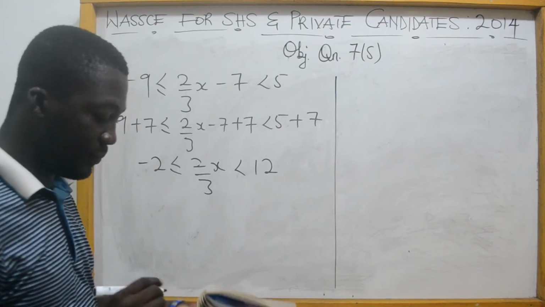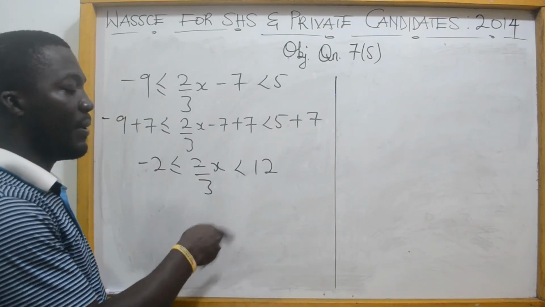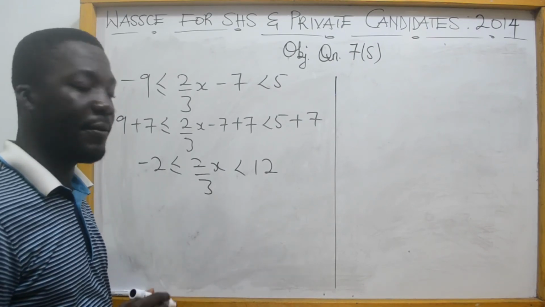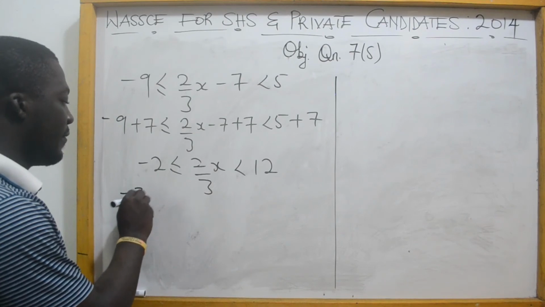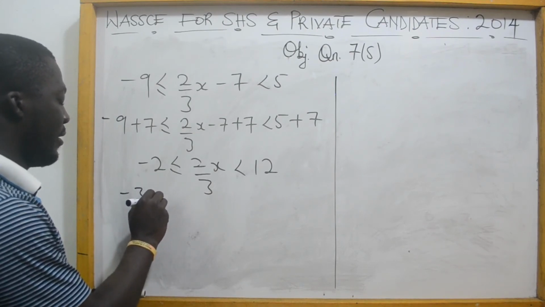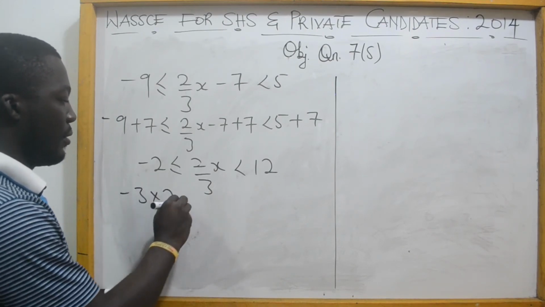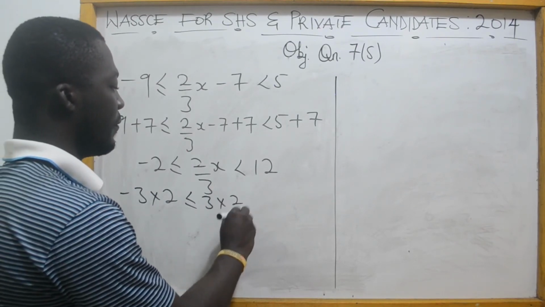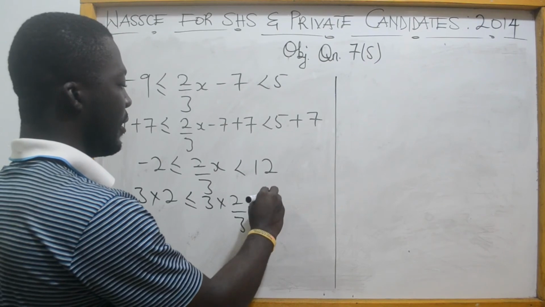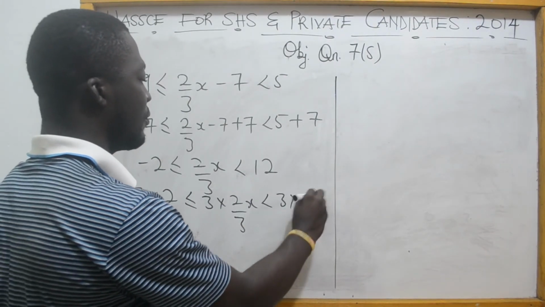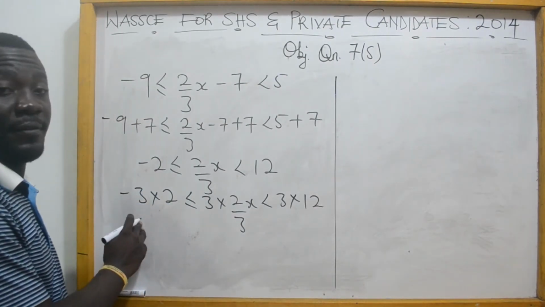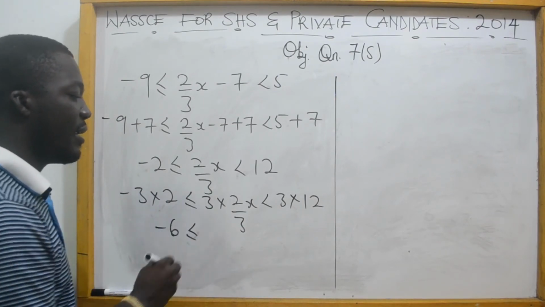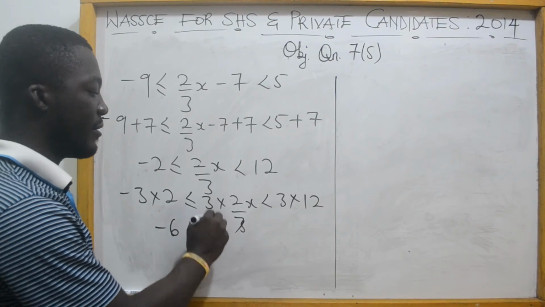And the next thing, we multiply the sides by 3. So -2 times 3 ≤ 3 times (2/3)x < 3 times 12. -3 times 2 will give us -6 ≤, 3 will cancel 3.